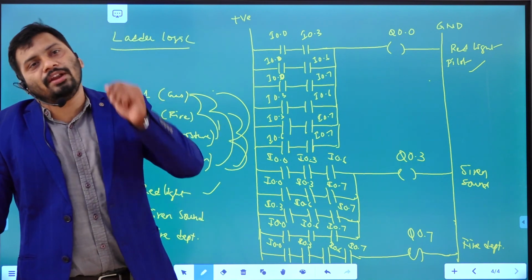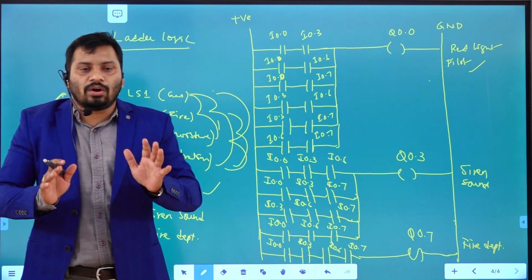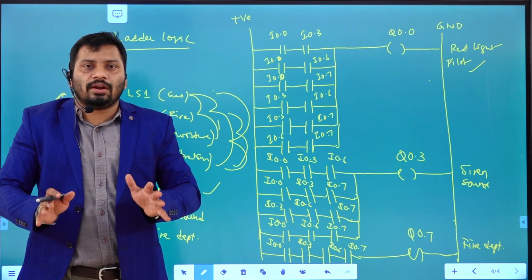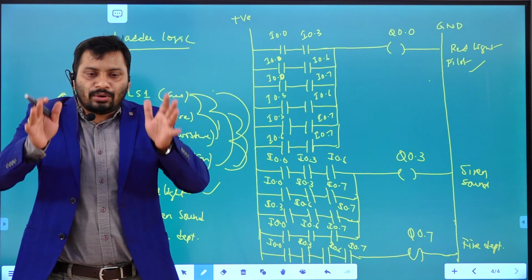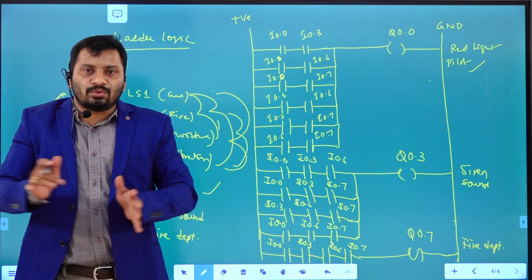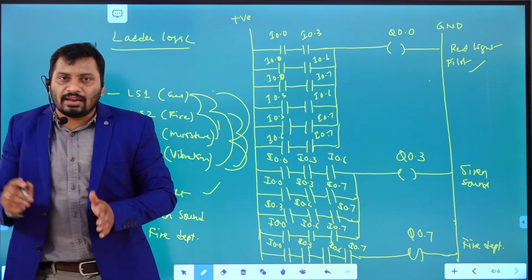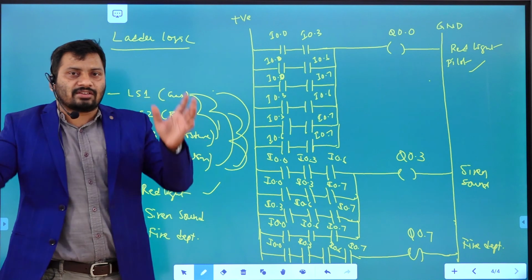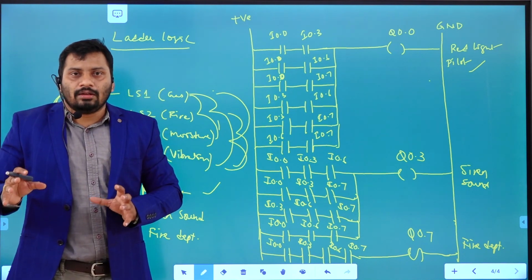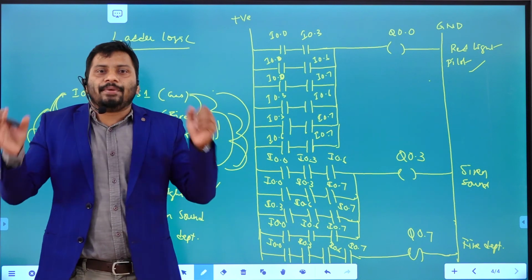Like this, for any process control in the industry, first decide what process you want to control, right? For that, first you need to draw some sketch. Then we need to write the sequence of events. Then we need to place sensors and actuators correspondingly. Then in the fourth step, those sensors and actuators should be connected to the PLC module.